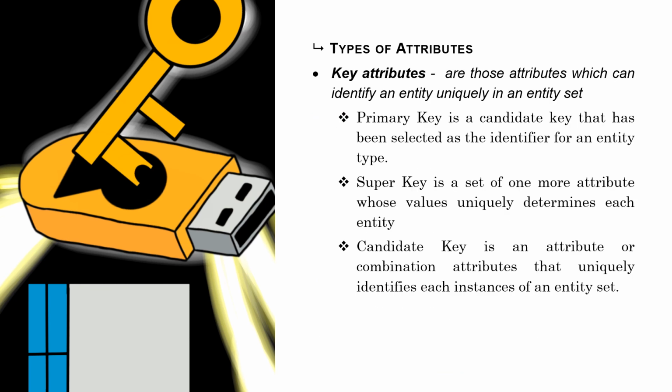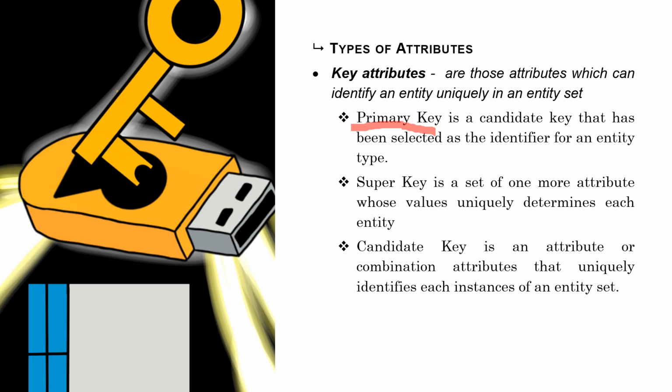So, the key attributes, these are the attributes which can identify an entity uniquely in an entity set. So, number one, we have the primary key. Again, as what we have learned on our previous subject, which is Information Management 1, the primary key is a candidate key that has been selected as the identifier for an entity type.